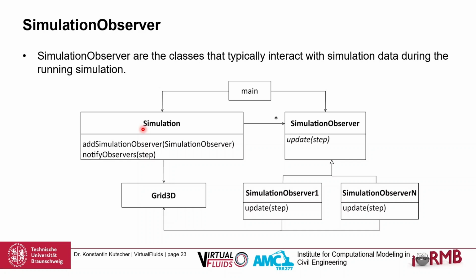The observable does something, and if some change happens, in our case the next time step, then the simulation notifies the observers: okay, I have new data, I have a new time step, if you want you can do something.